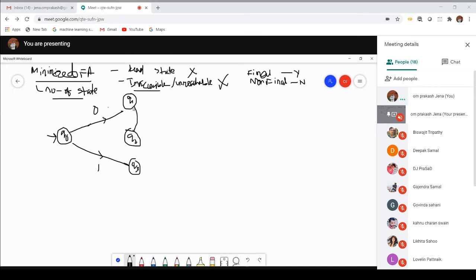here the path equals 0. Here the path equals 0. Now this one is my q4, and q4 is the final state.